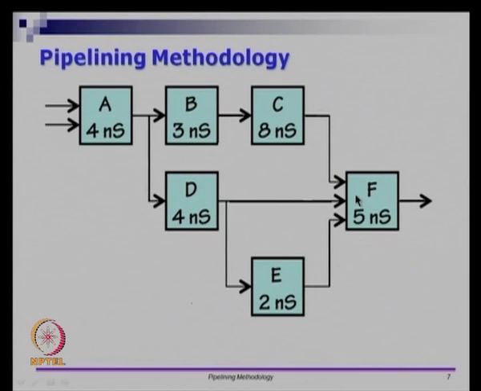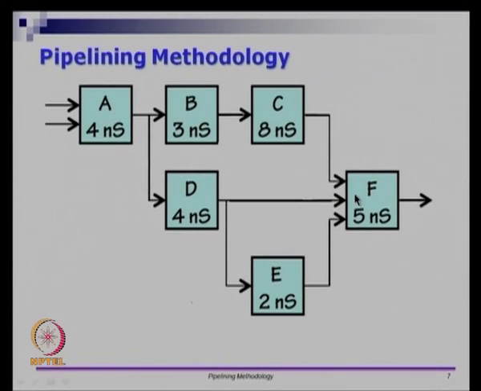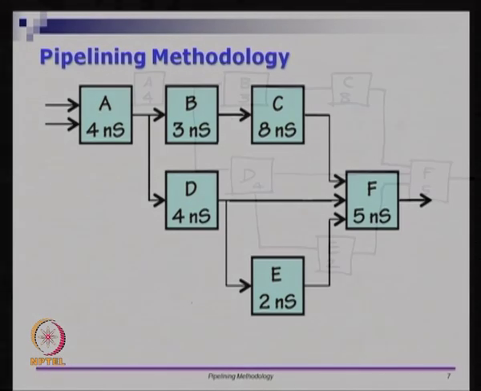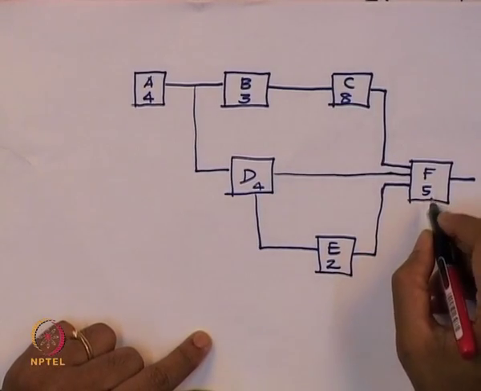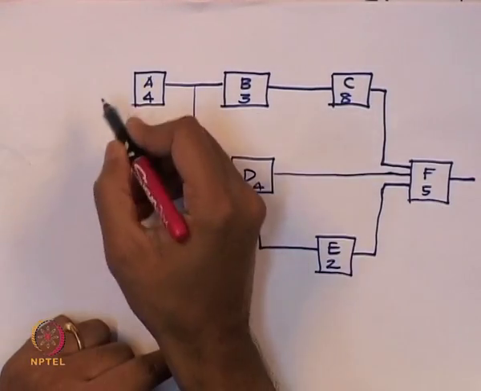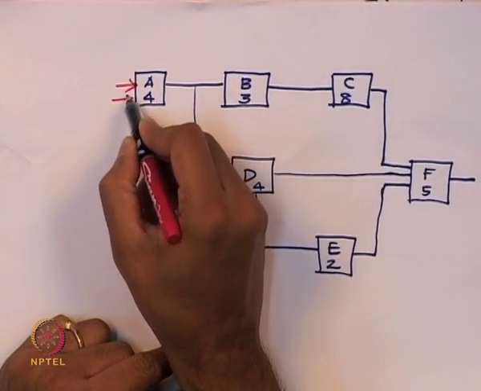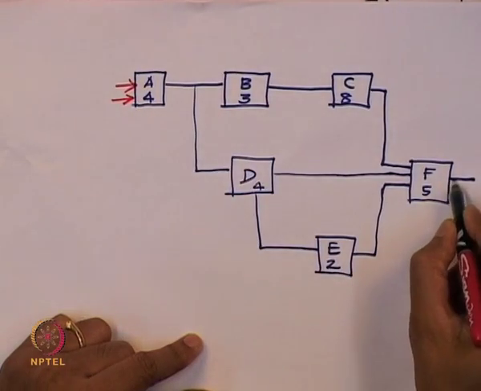As I mentioned, if I want to pipeline, a k stage pipeline will always start with a pipeline register at the output. So let us look at this picture here. It is the same picture as what we had earlier, a circuit taking 2 inputs and producing an output.